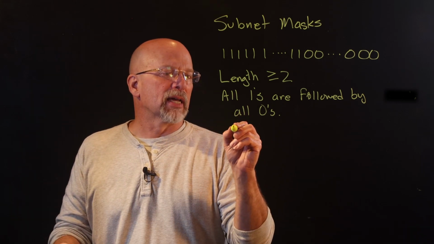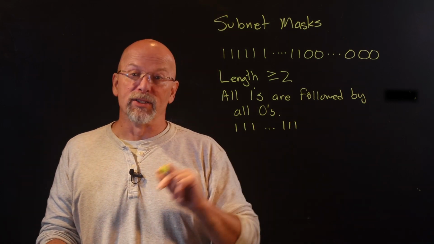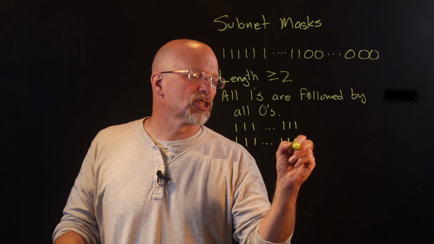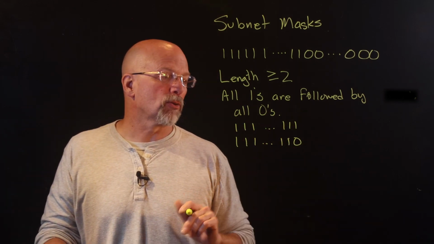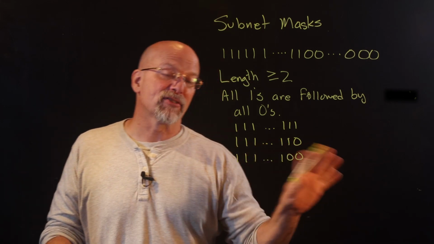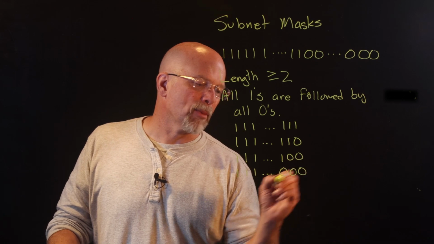So just to give you an idea, we've got 1, 1, 1 followed by 1, 1, so all 1s, right? And then as we go, maybe if we've got a single 0, it's got to appear in the rightmost position. If we have 2 zeros, they have to be in the rightmost positions. 3 zeros have to be in the rightmost positions.